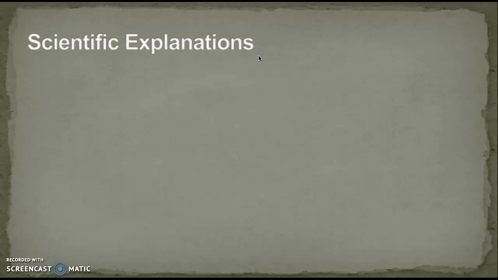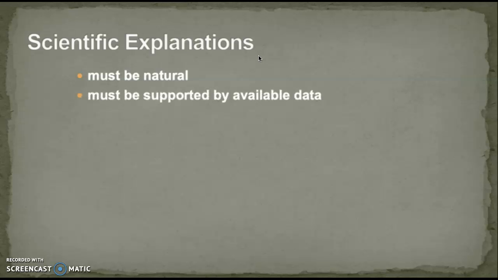Some things that we try to keep in mind is that our scientific explanations really must be natural. We're looking for natural causes and natural occurrences. We don't bring in special causes because we can't find any other explanation. If we can't find a natural cause, we just keep looking. We have to support it with the available data.